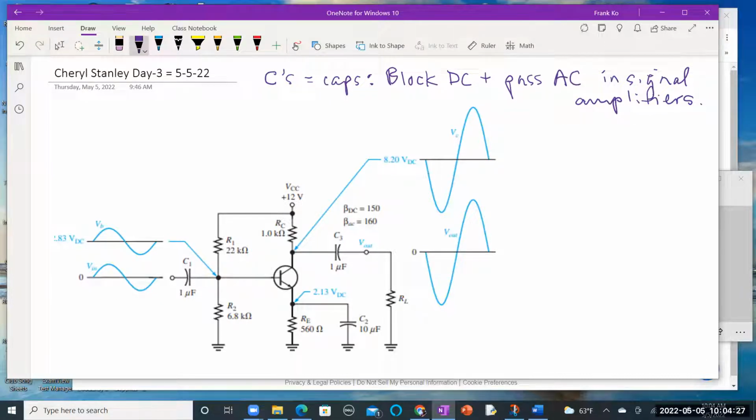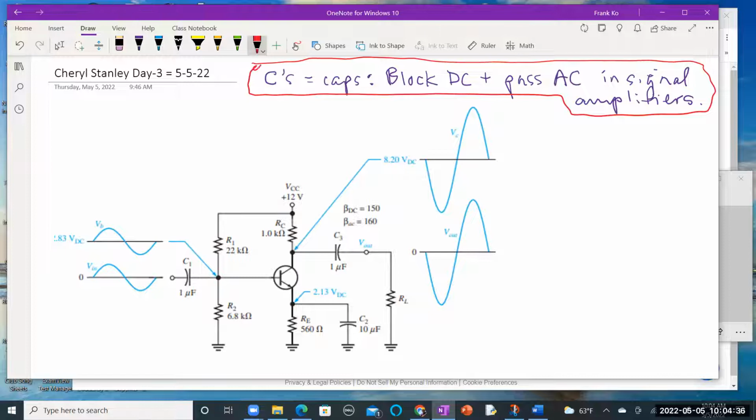We have to understand that very, very important premise of what capacitors do in signal amplifiers. Capacitors have a variety of different functions used in all different kinds of circuits, but used specifically in signal amplifiers, they do this. Now, why do they block DC? There's a purpose.